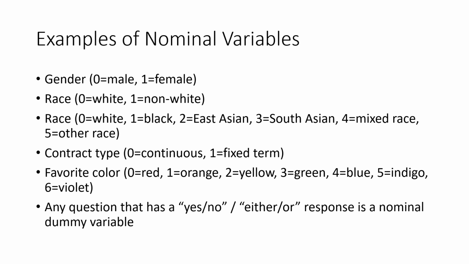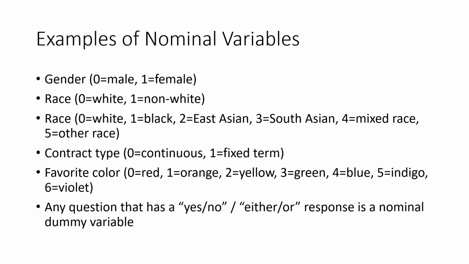Contract type might be a nominal variable that management scientists might use. So you could code this as 0 equals a continuous, a permanent contract, and 1 equals a fixed term contract. Favorite color is a nominal variable. Don't ask me why a management scientist would want to ask this question, because it's not entirely clear how your favorite color would be related to any particular outcome in management.